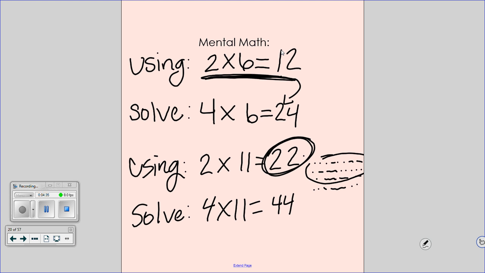If I know the answer to the first part, do I know the answer for the second part? Yes, they're the same thing. 2 by 11 and another 2 by 11. So if I know this, I can double it to figure out this. We'll work on it. Don't think that you have to know that exactly right now. We're going to do a lot of it. Okay? All right.